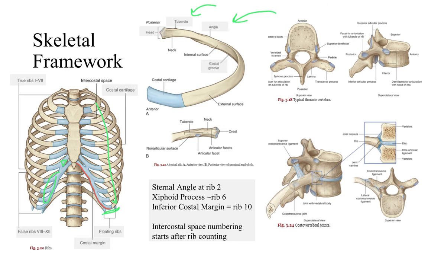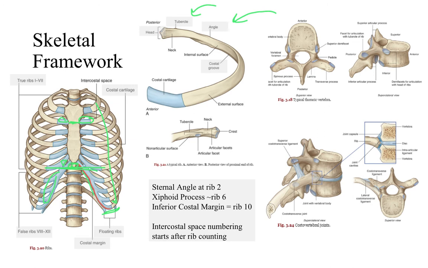Other things to point out are that your sternal angle right here is at rib 2. We've talked about that. As far as surface anatomy goes, you can literally feel those things. Your xiphoid process right here, that is at rib 6. So when you feel your xiphoid process, you know if you go straight over, you are running your fingers along rib 6.